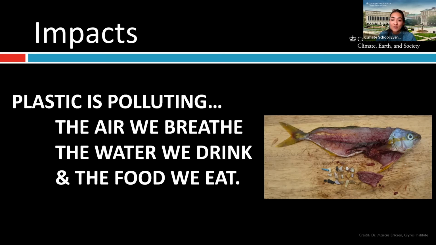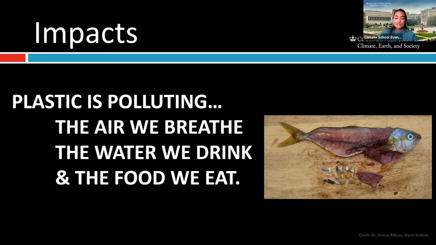They can absorb hydrophobic organic contaminants, or HOCs, persistent organic pollutants, POPs, polychlorinated biphenyls, PCBs, and heavy metals as well. Once these plastics are absorbing these chemicals from the environment, if they're ingested, they could leach these chemicals into the host that ate that plastic, which is a real concern.